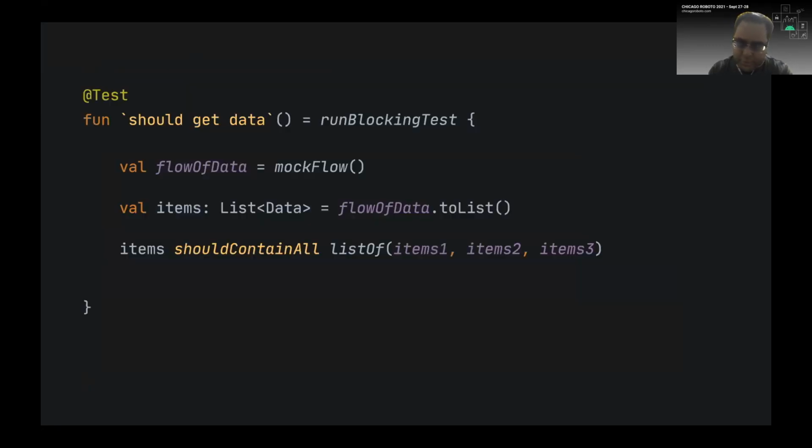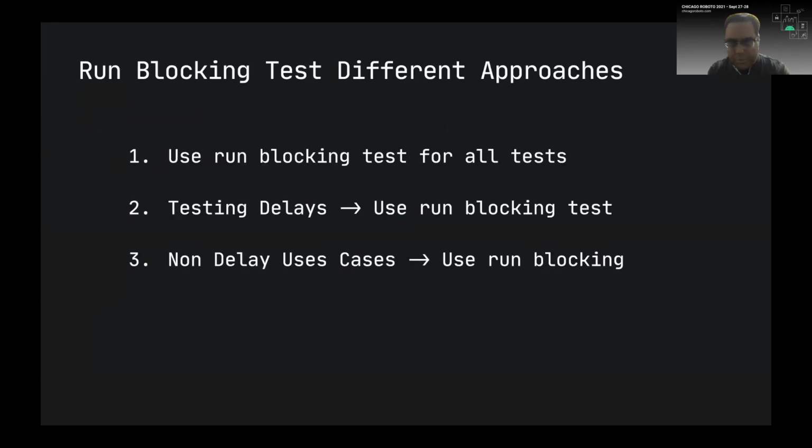So this is a very simple example, the basics of how this works and how you set up your test. In this example, when I created a coroutine for my test, I chose runBlockingTest. In the community, a lot of people have different approaches. One approach is that for all of your unit tests, you could use that runBlockingTest method.